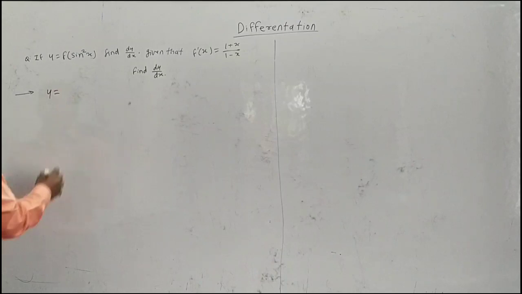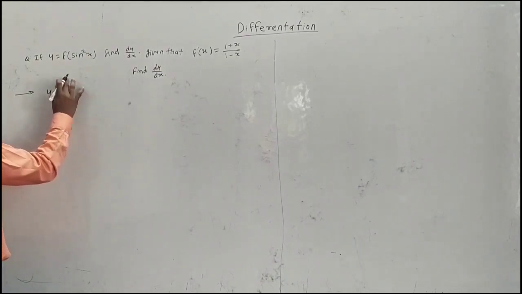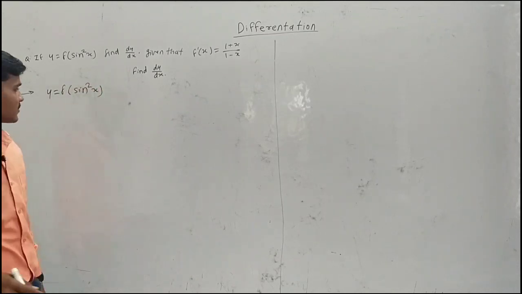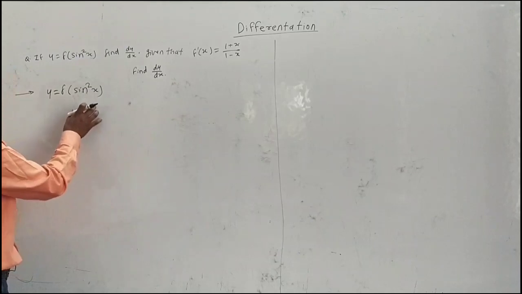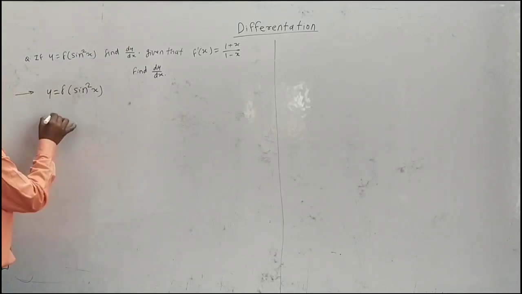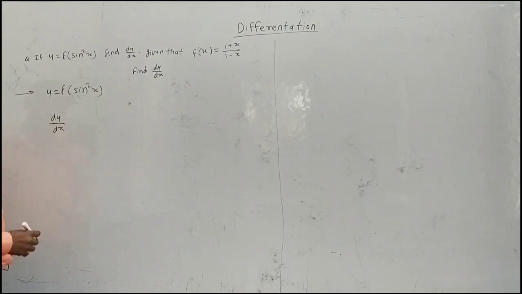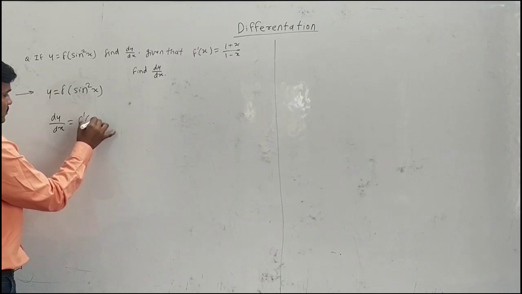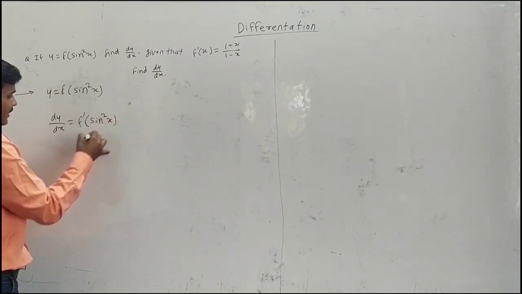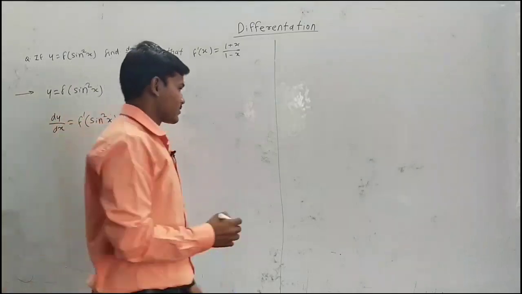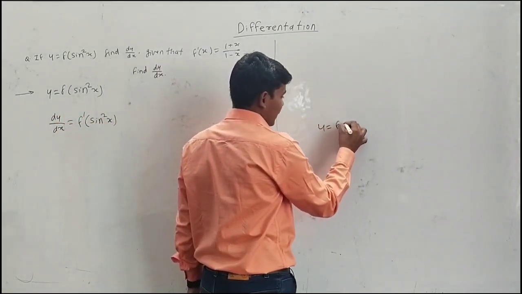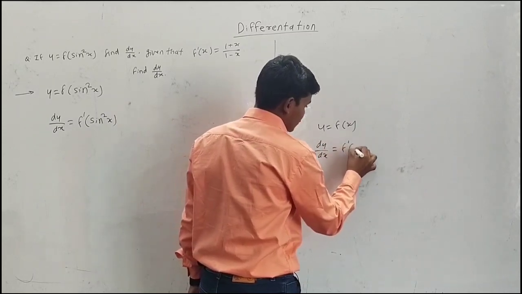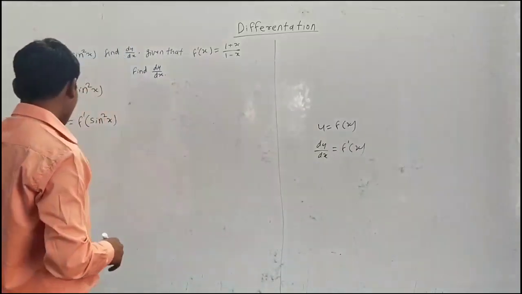Given y equals f of sine square x. If y equals f of x, then dy by dx equals f dash of x. This is most important here.